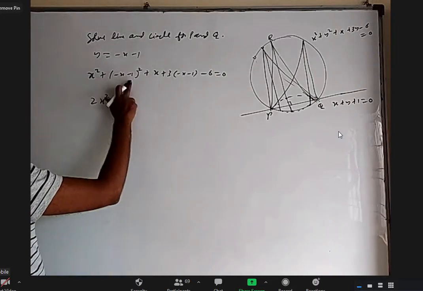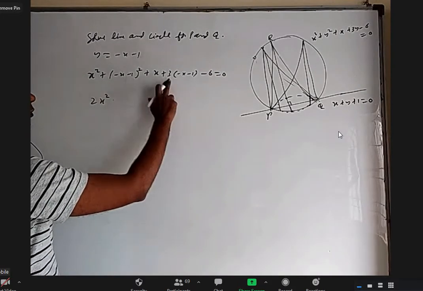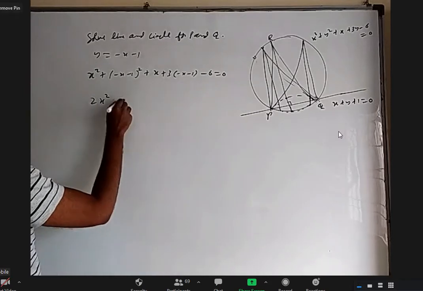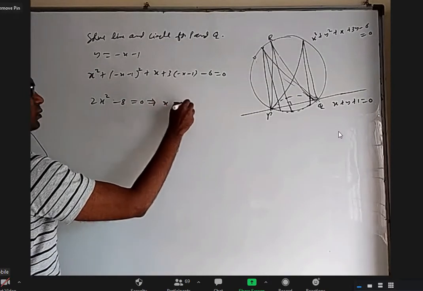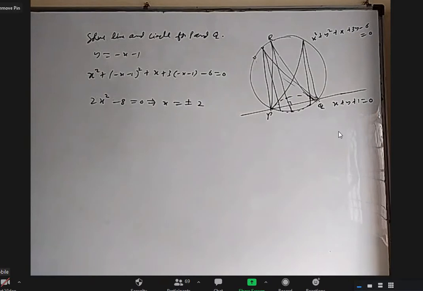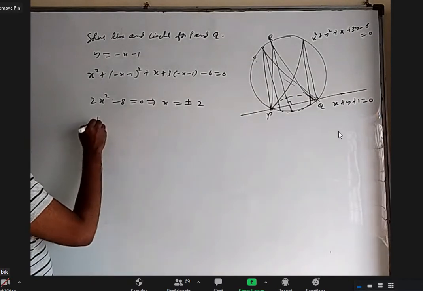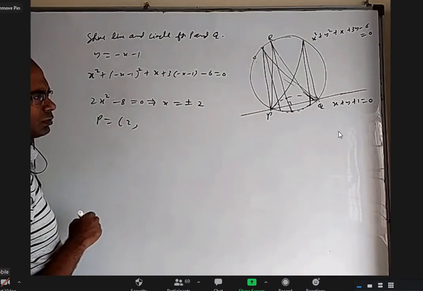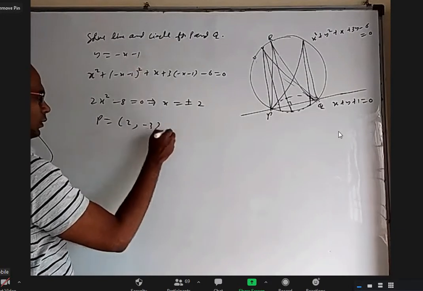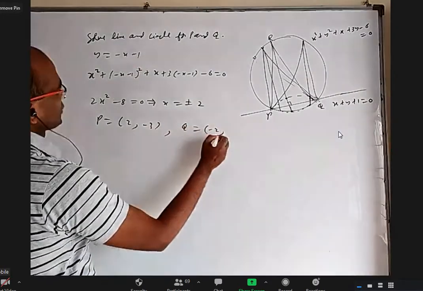And the constant here is 1 minus 3 minus 2 minus 8 equal to 0. So neatly x is equal to plus or minus 2. So when I put 2, I'll get y as minus 3. If I put minus 2, it is plus 1.